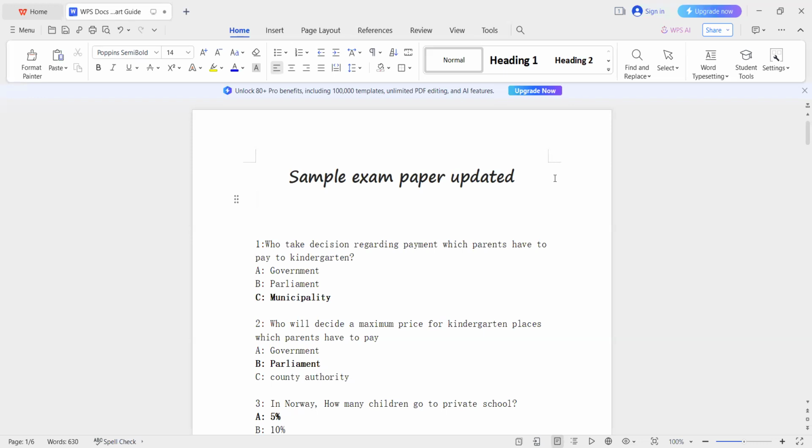So this is a sample exam paper which I prepared for you. The exam is about Norway: how the health and education systems work in Norway, your rights and responsibilities, brief information about rules and regulations, information about the healthcare system, a little bit of history about Norway, not so difficult.